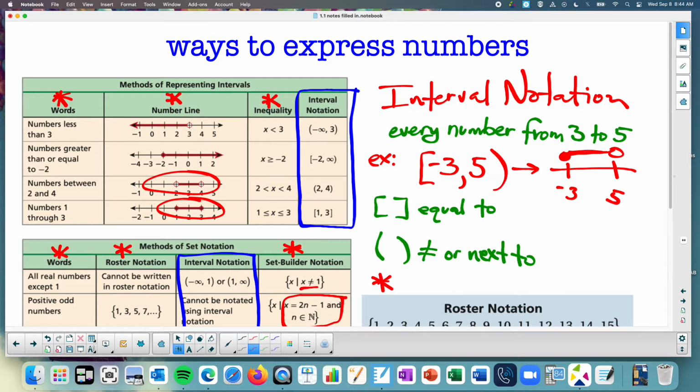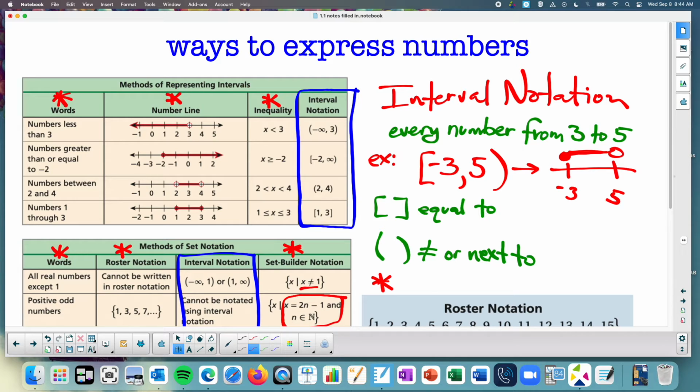So interval notation can only be groups of things. So these two right here that I circled first, you'll notice that this first example is two open circles. So that would mean it's going to be every single number between 2 and 4, so that's why it's got 2, 4 listed.